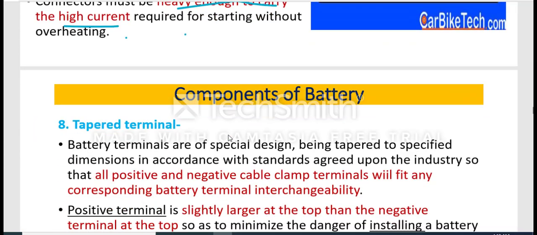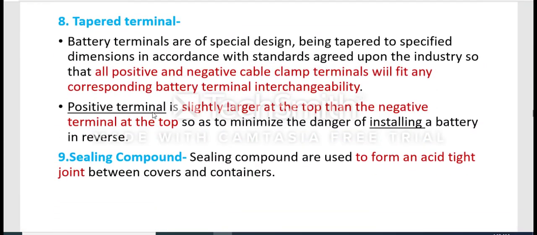Then the next component in the lead acid battery is the tapered terminal. Actually there are two terminals, one is the positive terminal and another one is the negative terminal. Suppose this is a positive terminal and this is a negative terminal.